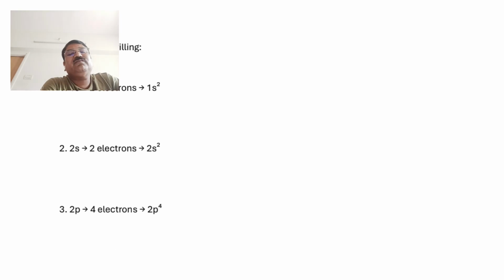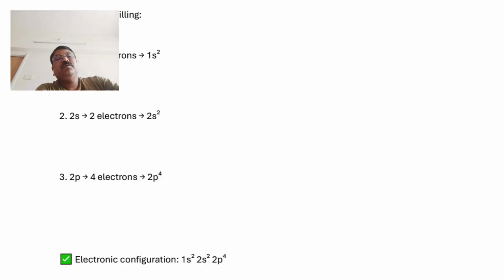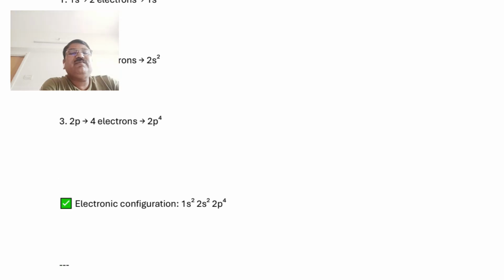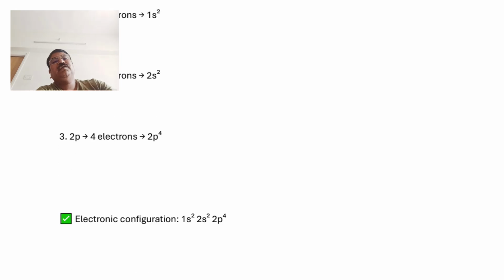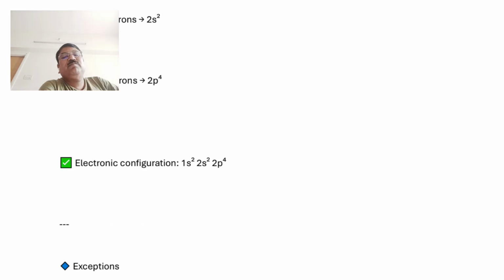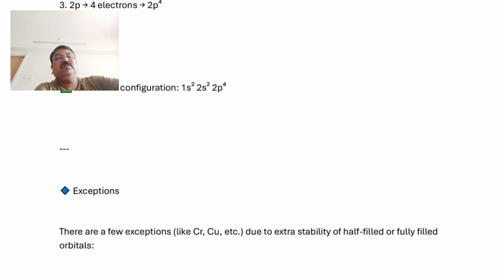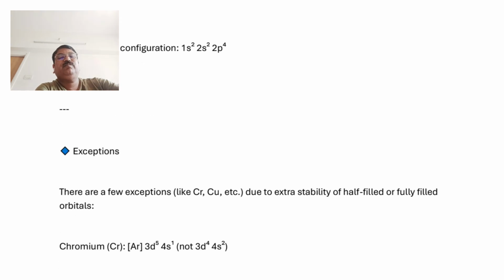Next four electrons enter 2p4, and 2p4 is having electronic configuration 2px2, 2py1, 2pz1. So the electronic configuration of oxygen atom, according to Hund's rule of maximum multiplicity, is 1s2, 2s2, 2p4. So this is for oxygen.